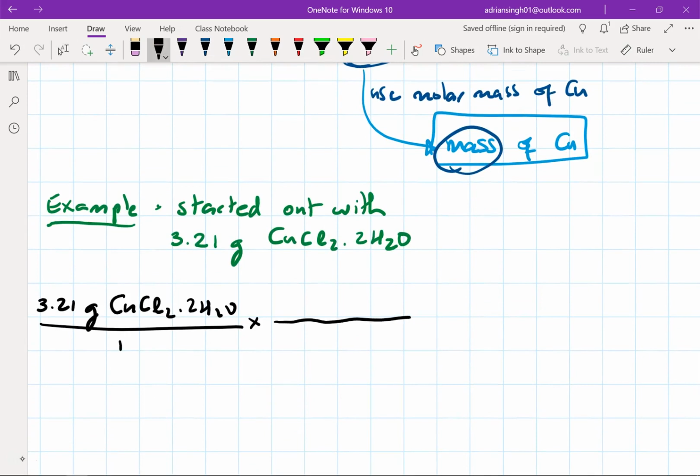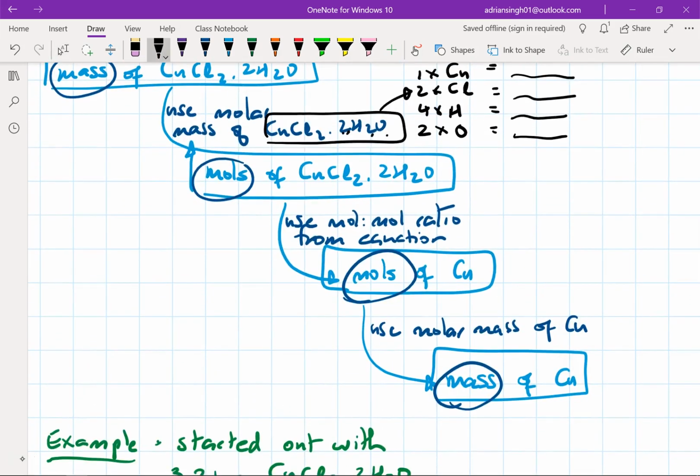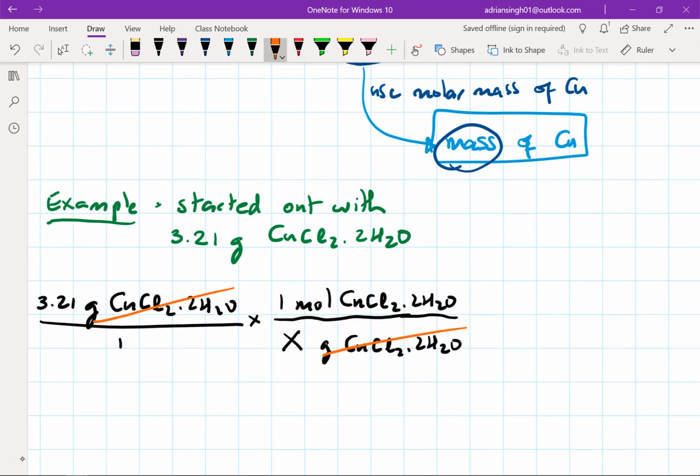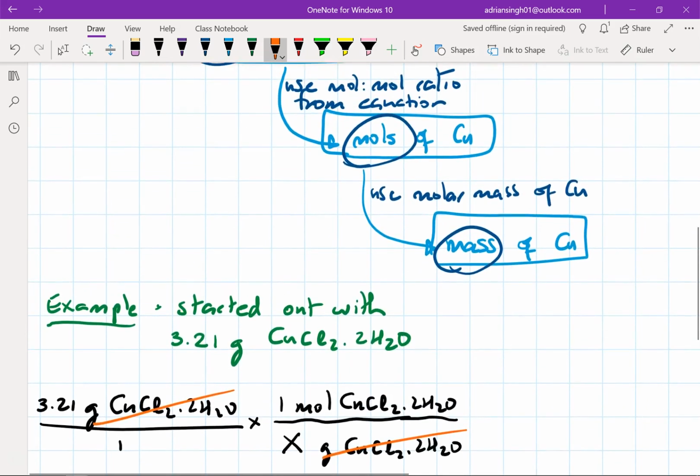So that tells you the mass of 1 mole of CuCl2.2H2O is whatever number you get when you add all of this together. Let's say we get X grams. I'm just going to put X grams of CuCl2.2H2O down here. So the grams of the copper chloride cancel, and we have moles of copper chloride as our unit.